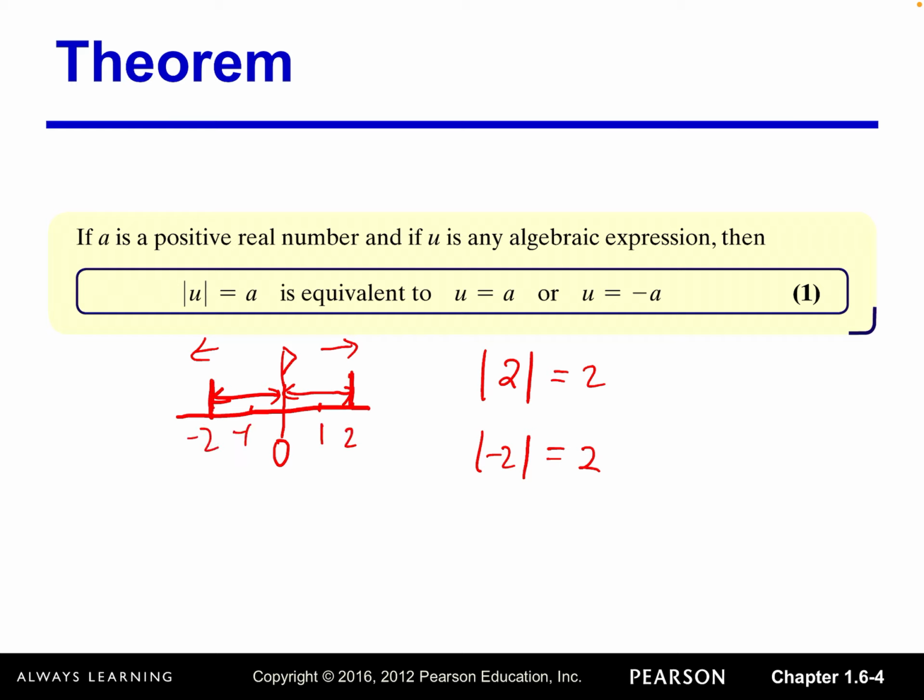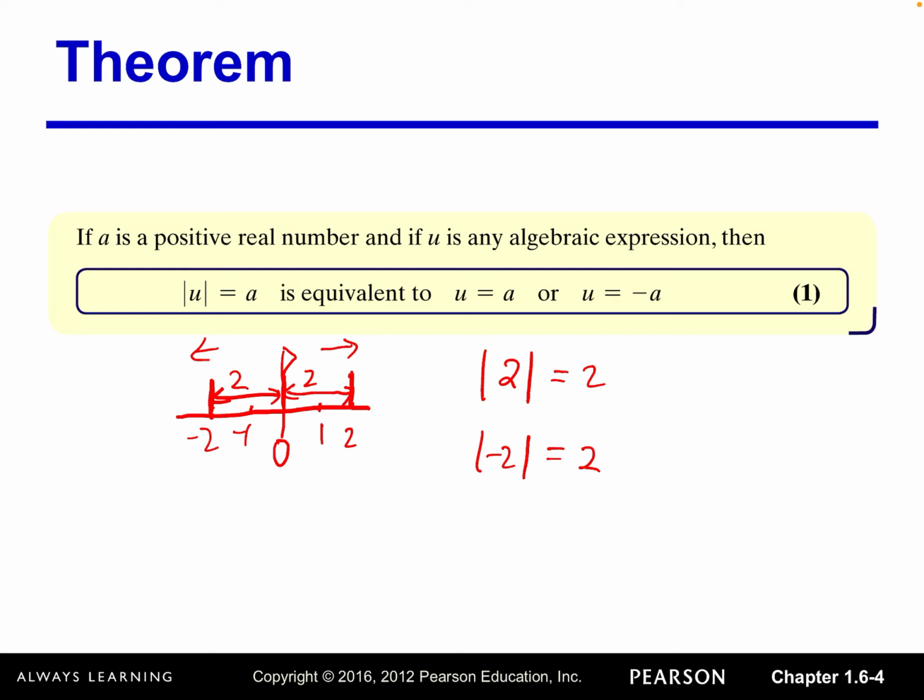So here and here, both have distance away from 0 equal to 2. Therefore, equations involving absolute value always have two solutions, one in the positive direction and one in the negative direction. Okay, that's where this theorem comes from.